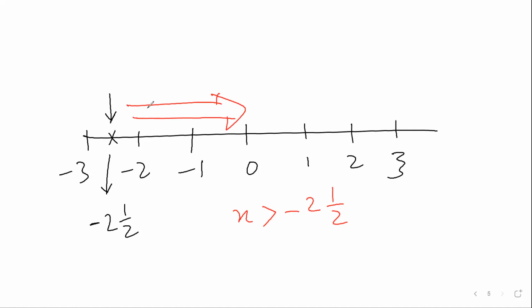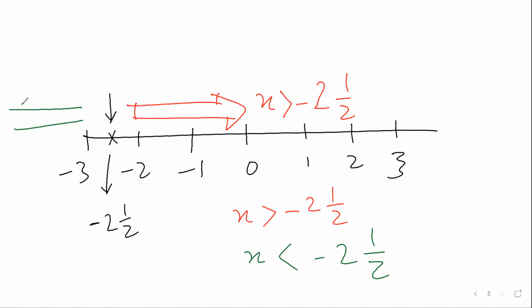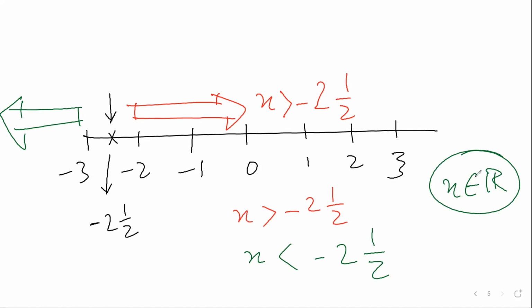This side would be x greater than minus 2.5. And x less than minus 2.5 would be left side. All the numbers which lie here, we are assuming x to be a real number, so all the numbers on the left side would be x less than minus 2.5. This negative side usually becomes very tricky. Any doubt? No doubt. Great.